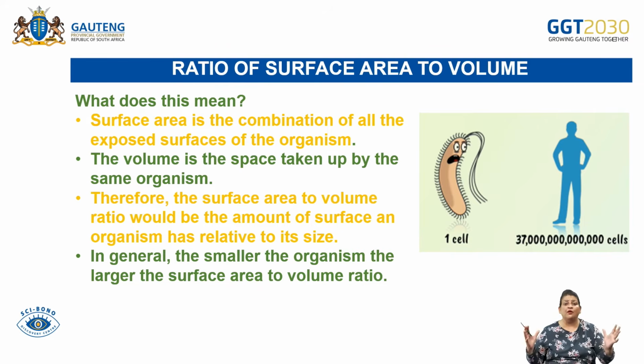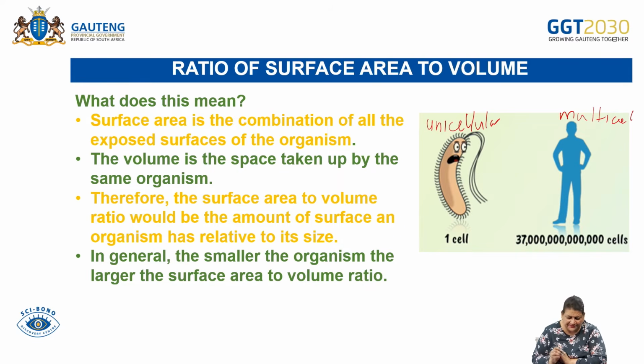He's like a monster, very, very big, made up of about 37 trillion cells. Not million, not billion, but 37 trillion cells make up one human. Whereas this bacteria is astonished because it just has one cell. So this is unicellular and this is multicellular, very, very complex.